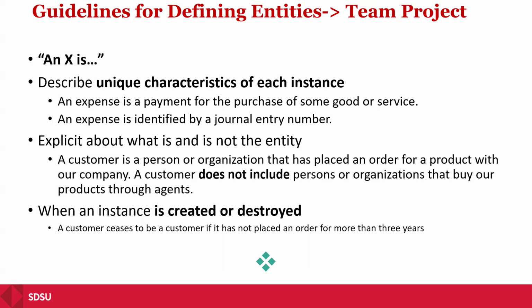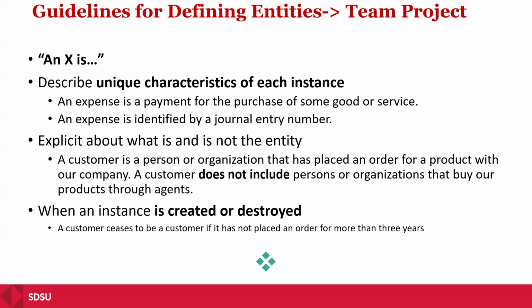We also need to make sure that we describe every unique characteristic of each instance. For example, an expense is a payment for the purchase of some goods or services. An expense is identified by a journal entry number. Those two definitions tell you what an expense actually is. When we're purchasing some goods, we have a payment, and this payment is an expense.